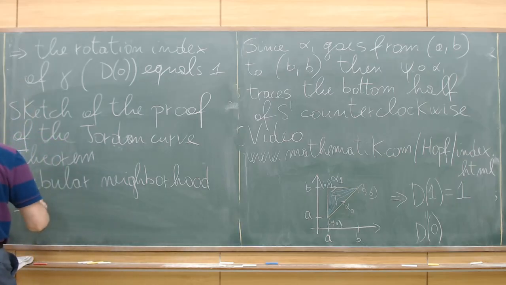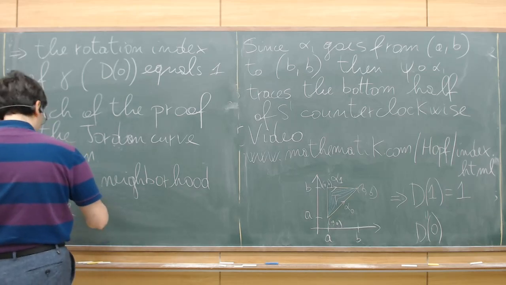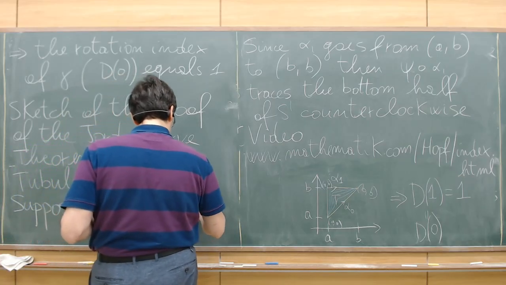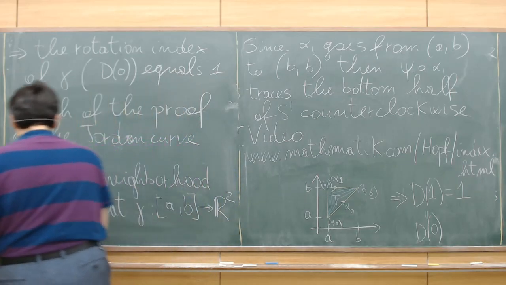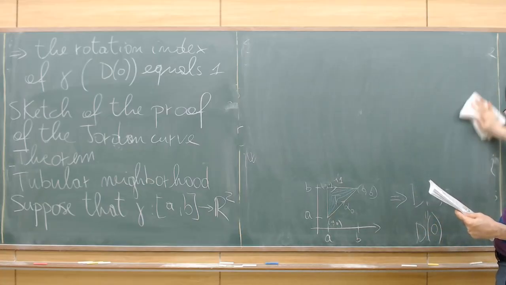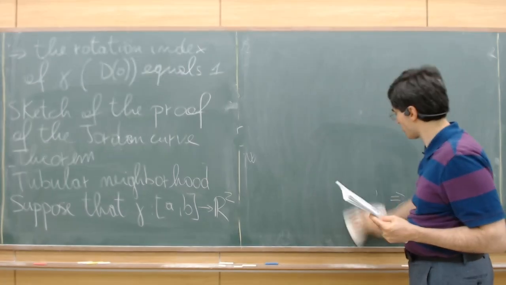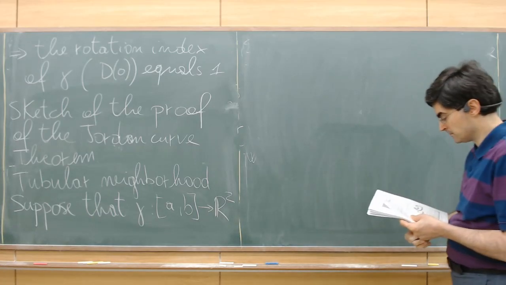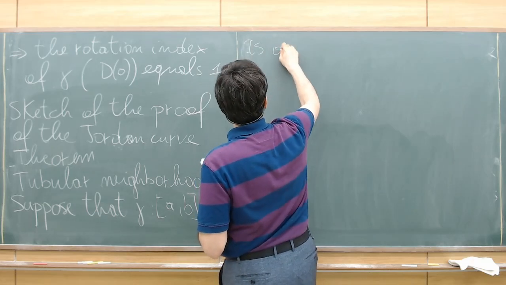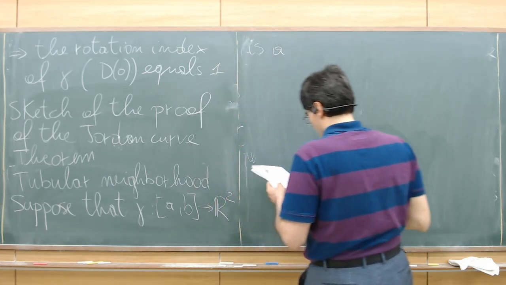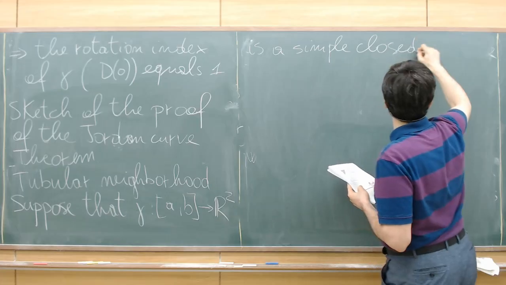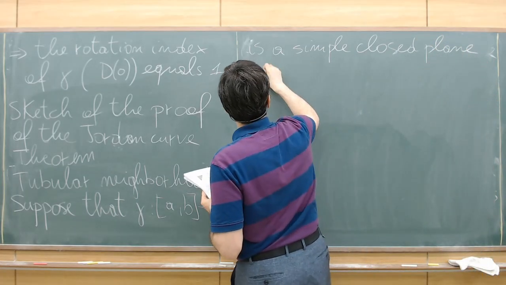Okay, so suppose that as usual gamma is a simple closed plane curve.